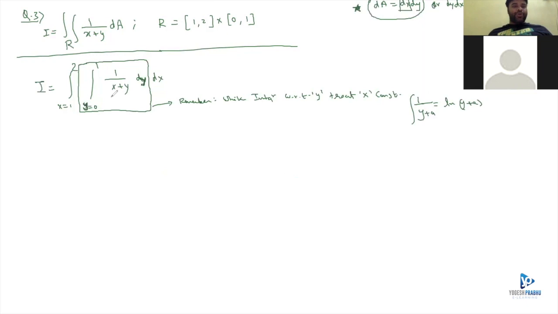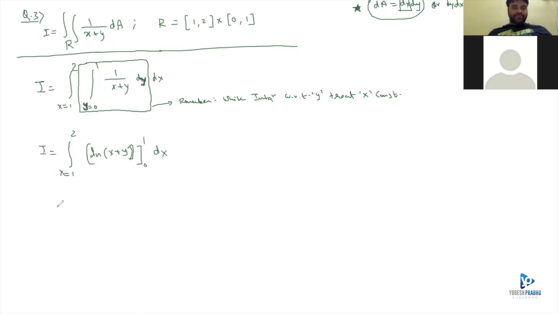Yeah, I got it. So do you understand that x is like a constant? So what is the integral of this going to be? ln x plus y. Perfect. So let's write that. I is going to be integral x equals 1 to 2, this is ln x plus y, and that will go from 0 to 1 dx.